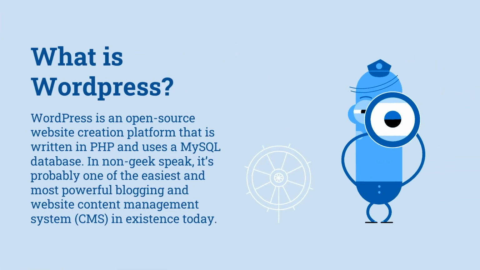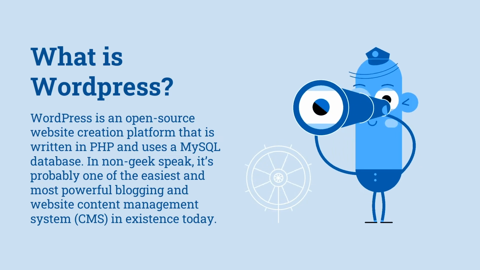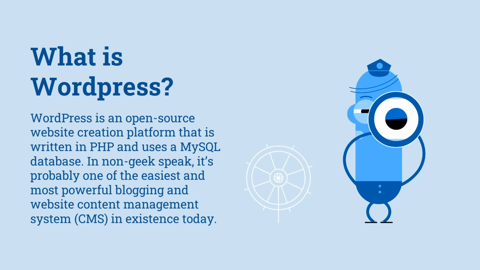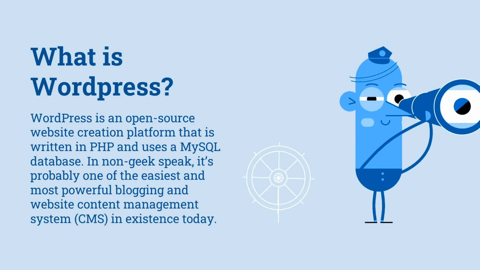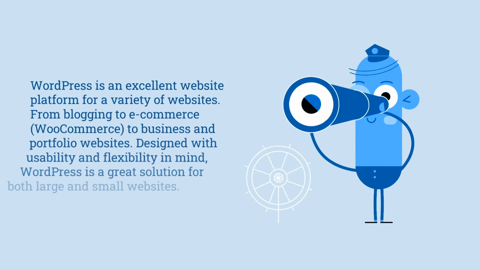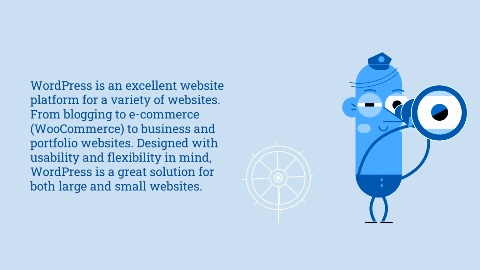What is WordPress? WordPress is a free content management system used to build and maintain websites. You can build many types of websites with WordPress, from blogs and company websites to online shops. With WordPress, you don't need to worry about the complexities of learning how to code or setting up a web server.